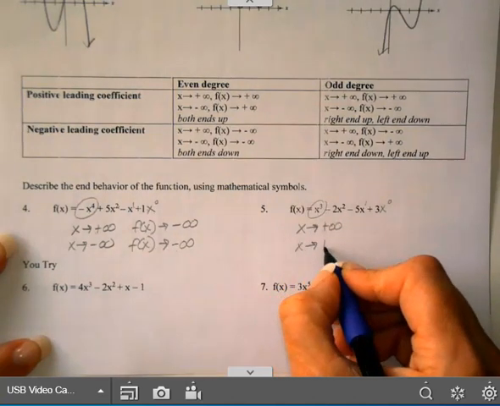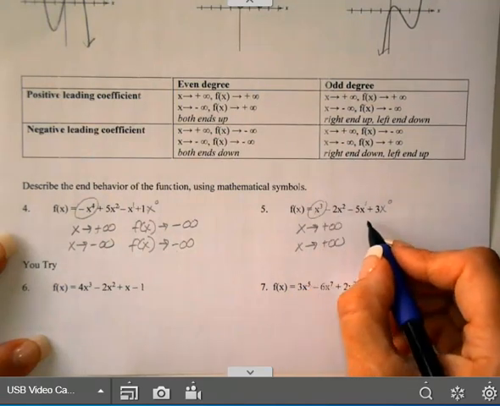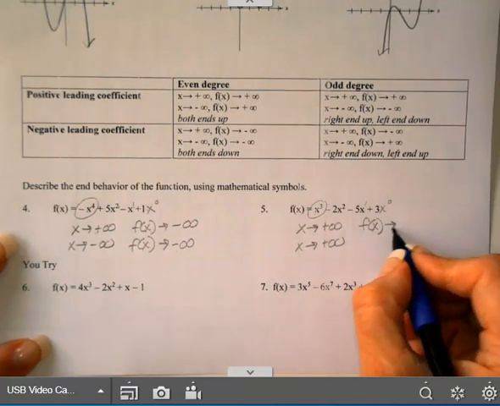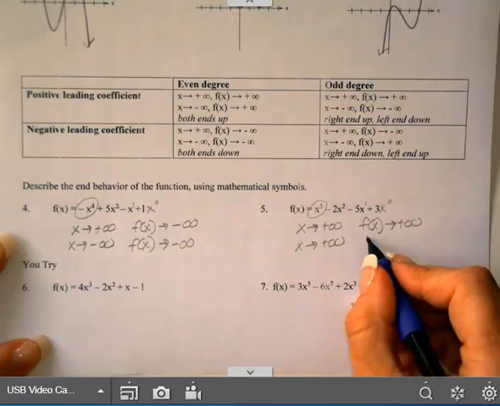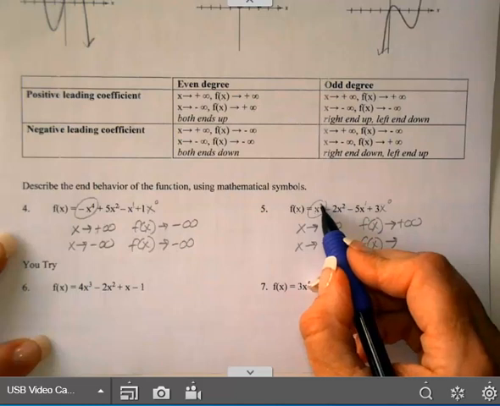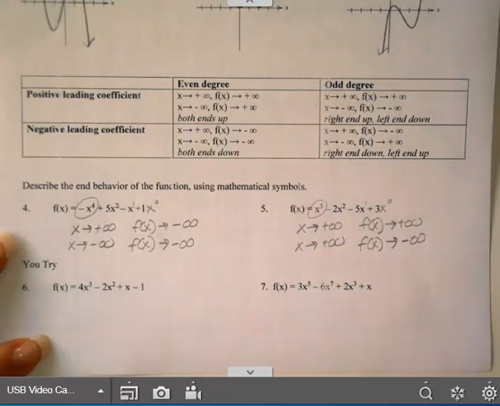And my leading term has a leading coefficient that is positive. So as I go to the right, that means it's going to go up. As I go to the left, we already decided that exponent is odd, so they'll go opposite directions. So this will be negative infinity.